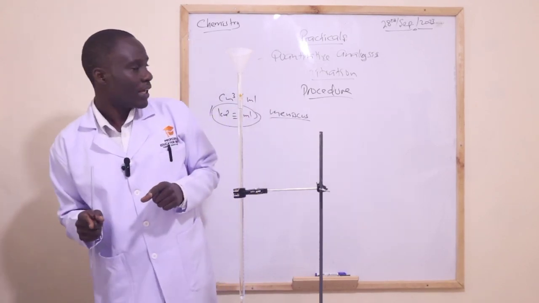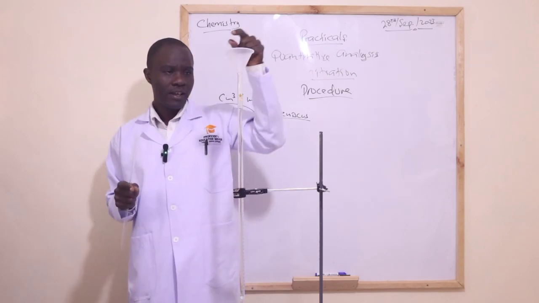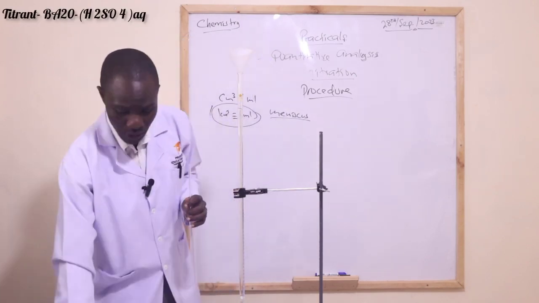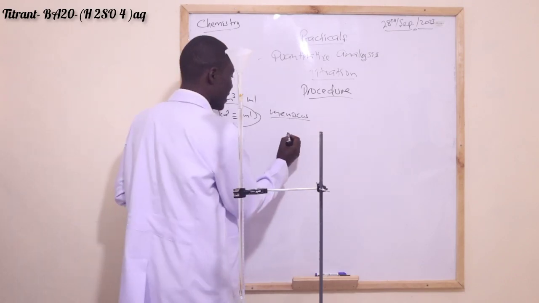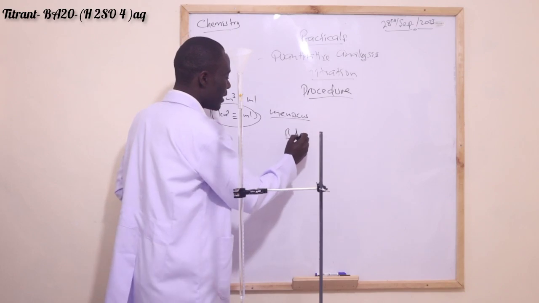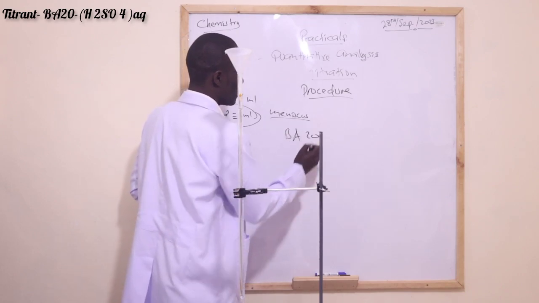The titrant that we used to fill the burette with, I want us to identify it as BA20.